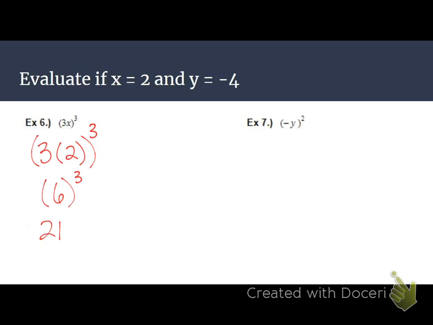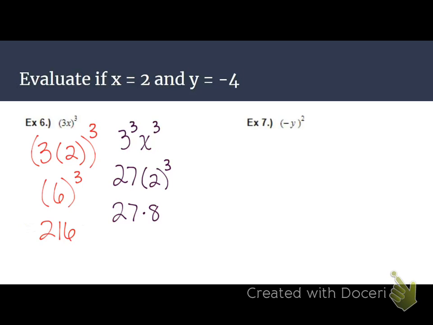Now, you could have given your exponent to everything inside first. You could have done this 3 cubed times x cubed. 3 cubed is 27 times your x is a 2, and 2 cubed is 8.